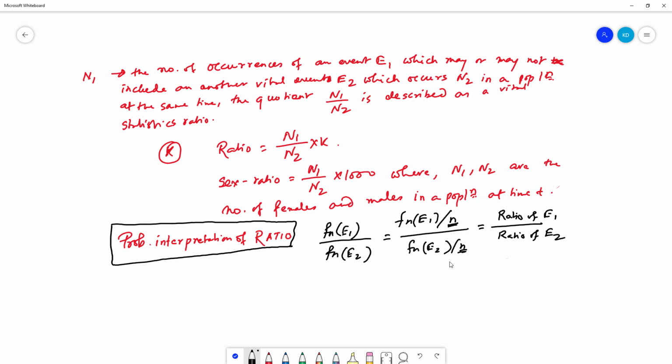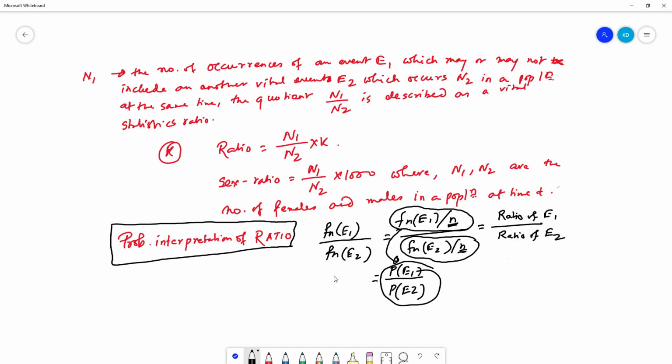Because of the probability interpretation for rate, it can be said that in most cases this ratio may be taken as a very good estimate of the ratio of probability E1, because Fn E1 by n is an estimate of this, and again this is an estimate of probability E2.